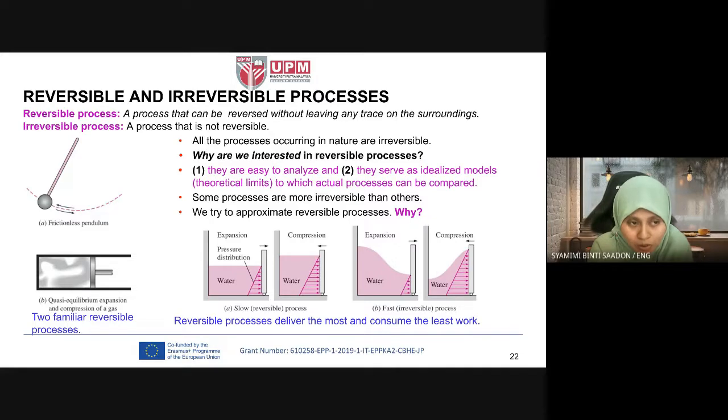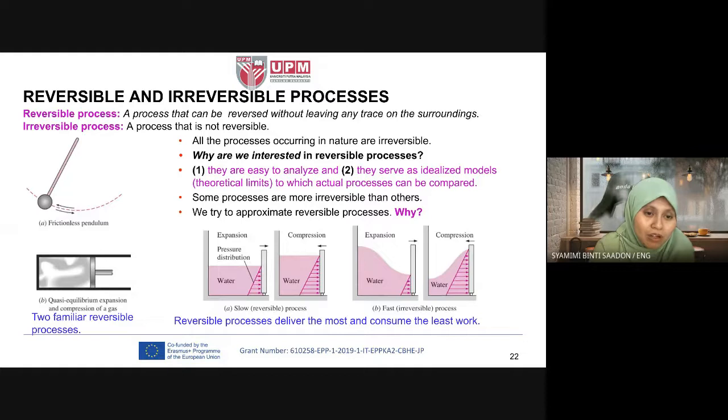We assume this so that we can know the maximum performance of the process, what is the maximum power or maximum energy that the process can produce if it's reversible, meaning if it's ideal. So even though a reversible process is impossible in reality, we have to know this also.